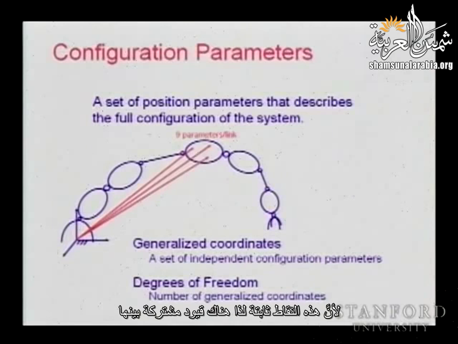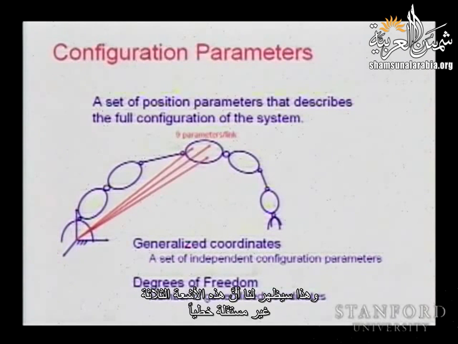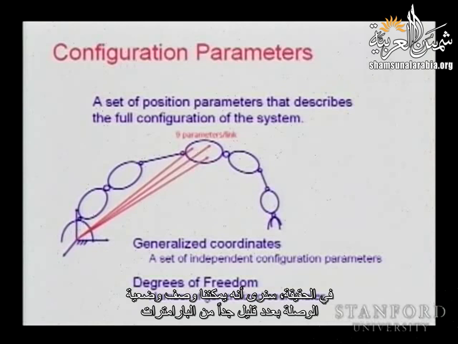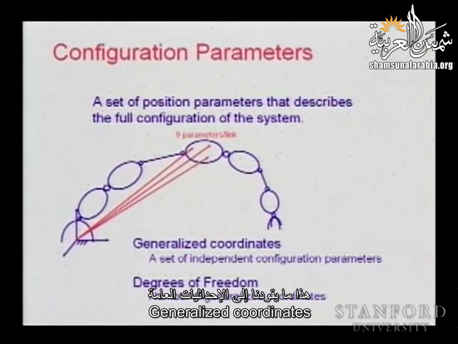So there is a constraint between these points, and that is going to show us that these 3 vectors are not independent. In fact, we will see that we will be able to describe the configuration of the link with much, much fewer parameters. So that brings us to generalized coordinates.